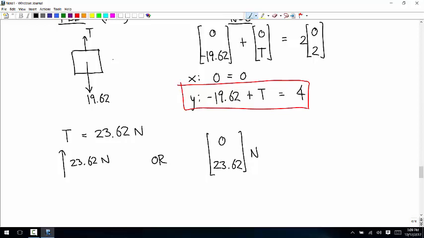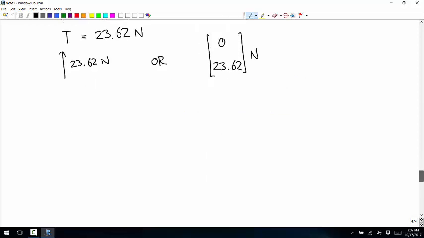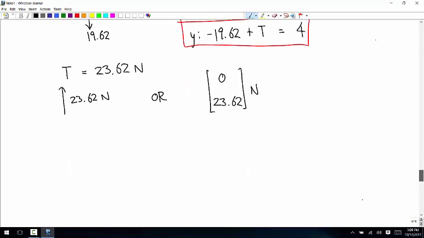Any questions about that? So let me just do one quick thing where I show a real simple example that has a pulley in it, so you'll see how that works. And then we'll get out of here.